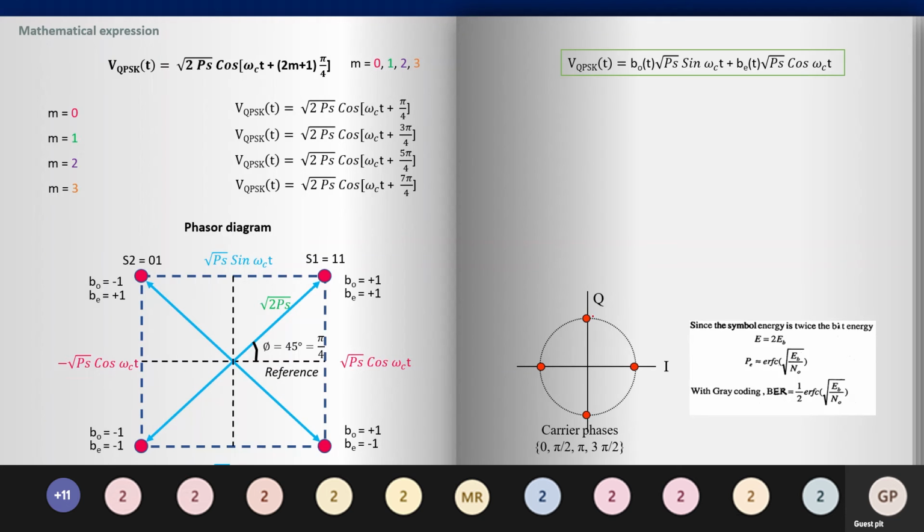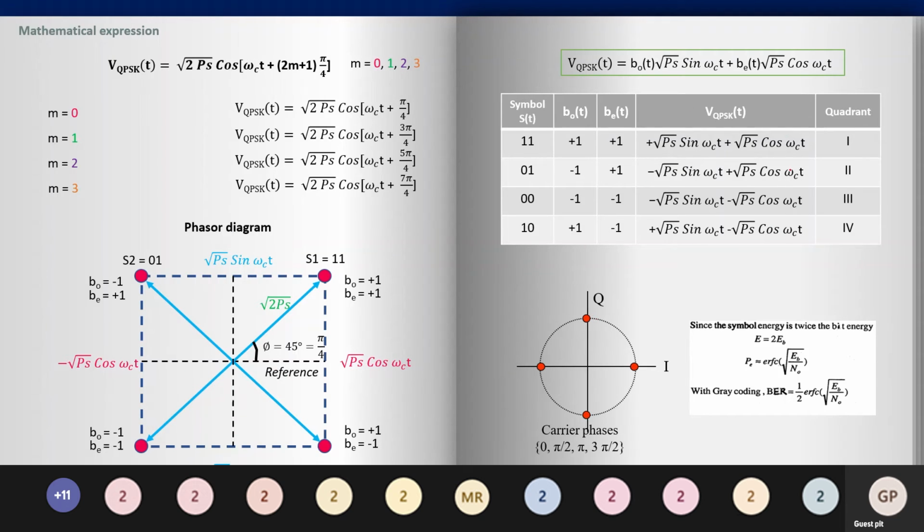And as you can see, once you substitute it, you'll get these equations for BE of t and BO of t. So this is the first quadrant, second quadrant, third quadrant, and fourth quadrant. Regarding that, you can substitute and expand this equation.